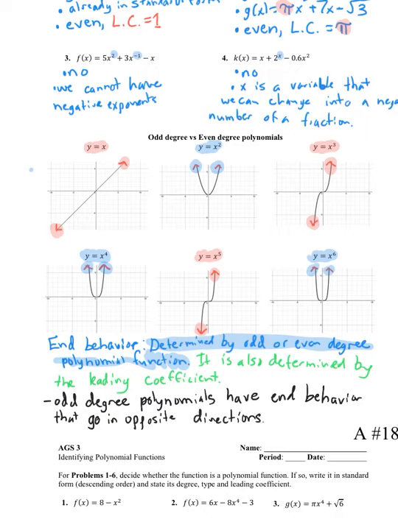And what I mean by that is on the left side it's going in a negative direction, on the right side it's going in a positive direction. There are ways for it to go from positive to negative from left to right, and we're going to talk about that next time. That has to do with the leading coefficient.